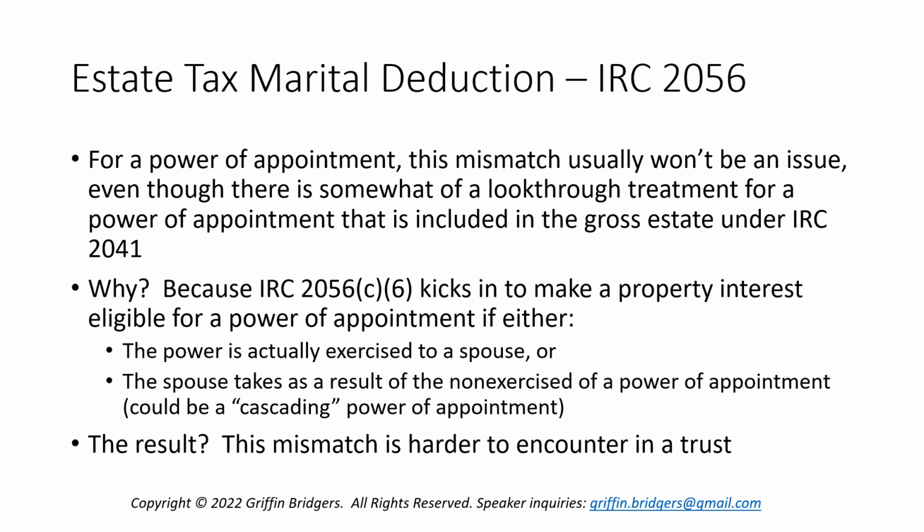But we have an exception here, Code Section 2056(c)(6), which kicks in to make the power of appointment as a property interest eligible for the marital deduction if that power is actually exercised to a spouse, or if the spouse takes as a result of the non-exercised power of appointment, which could be in the form of a cascading power of appointment. Now that's a special planning point in and of itself that we should discuss another time, but the result is that this mismatch is harder to encounter in a trust.